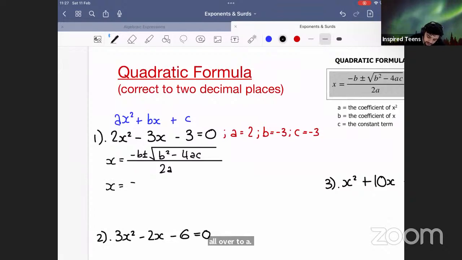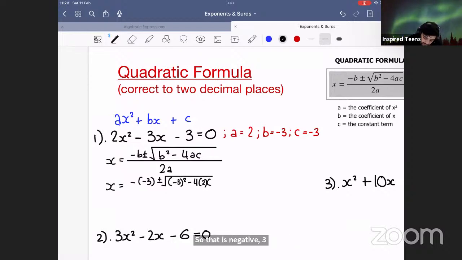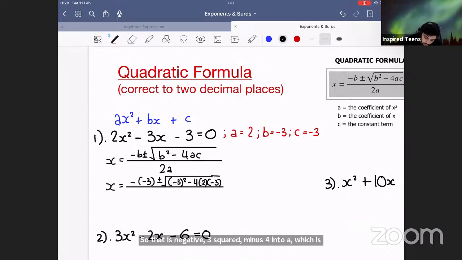Please use brackets. -(-3) plus minus. In my calculator, I'll do plus in one calculation, and in the next calculation I use a minus, and I'll get 2 answers. B squared is (-3) squared minus 4 into a, which is 2, and c, which is -3, all over 2a, which is 2 into 2.